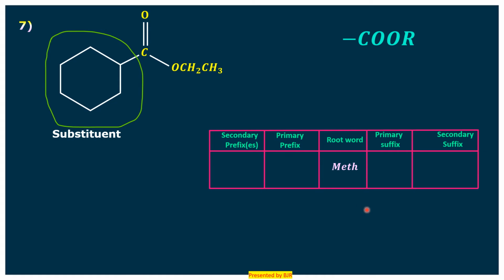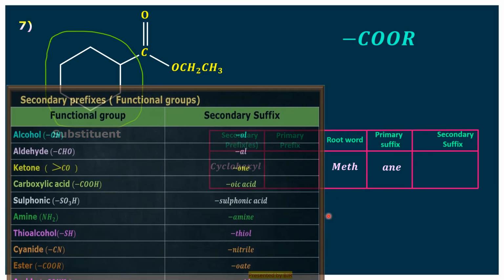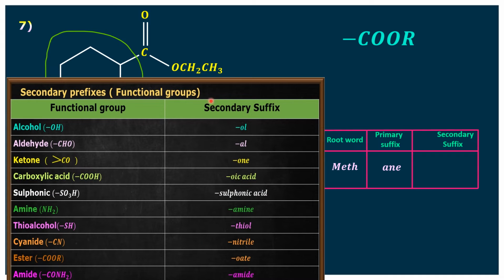So the root word is meth. Primary suffix is an. The secondary prefix is the substituent, that is cyclohexyl. You can see the secondary suffix here: COOR functional group is there. It means oate.